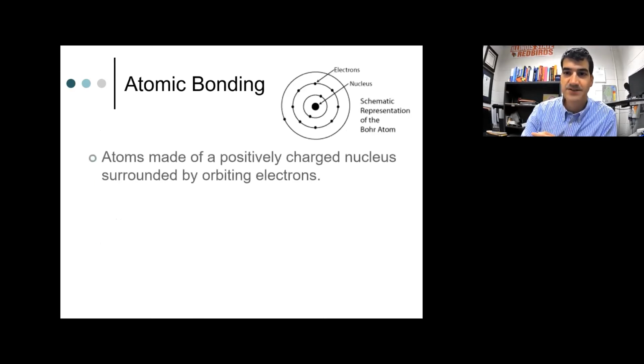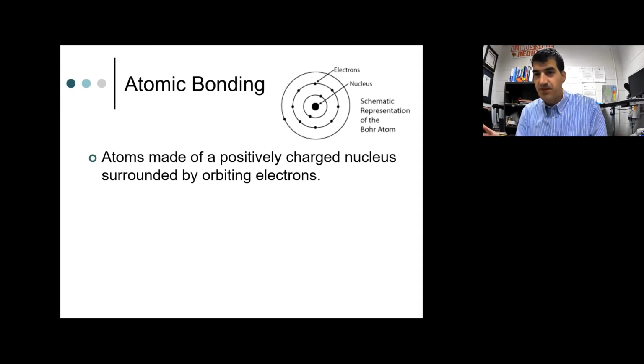All right, so atomic bonding, the quick refresher. The most modern view of the atom is really given by quantum mechanics, but that's not actually that helpful to visualize. So the view of the atom that is most helpful to visualize is called the Bohr model, B-O-H-R, named after a person in the early 1900s, which is what most people are probably thinking of.